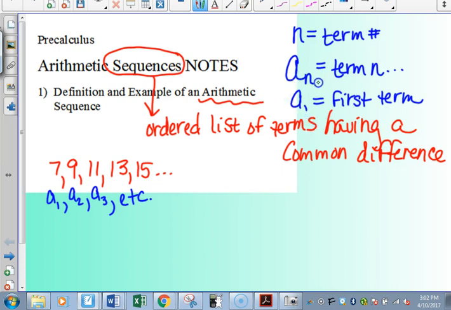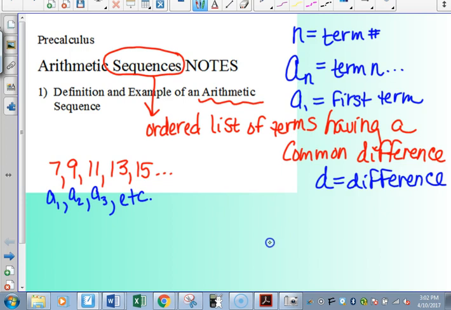So when we write A sub n, it's going to either mean a formula for, or we'll say n is 6, and you're going to find term 6, A sub 6. But the subscripts down there aren't squareds, they're not cubes, they're just the term number. All right, for arithmetic sequences, D is just going to be the difference.